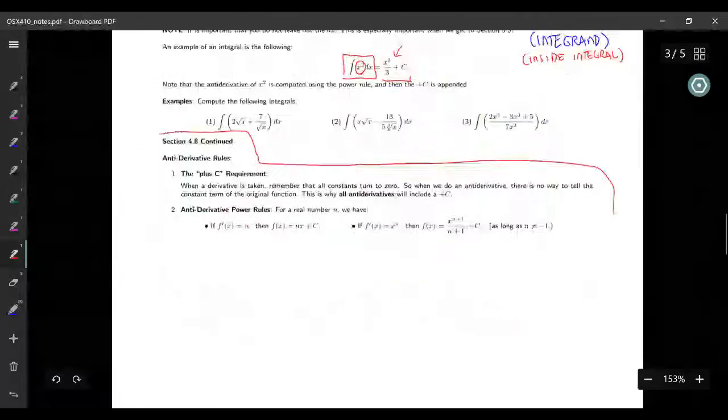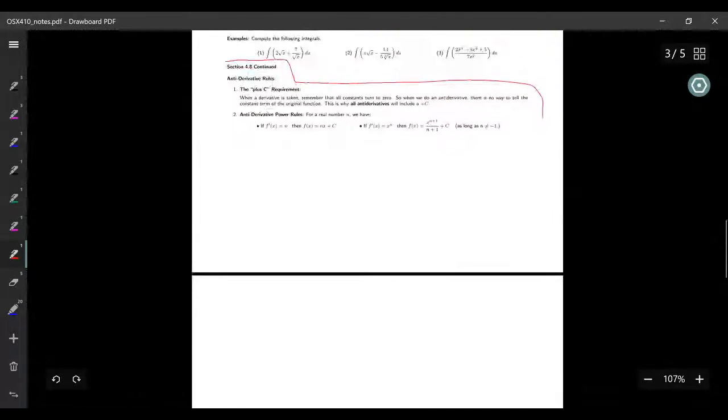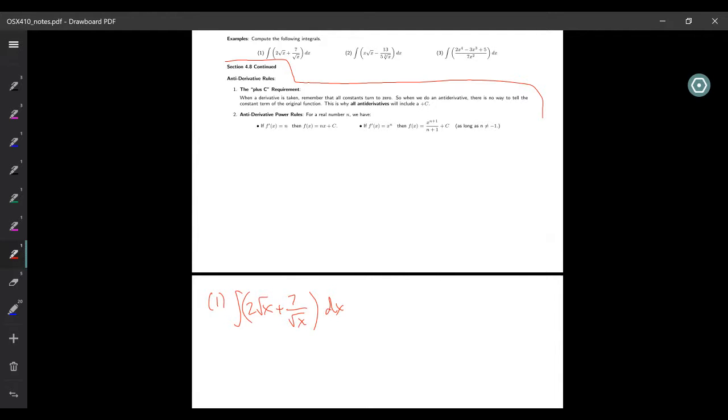The integral of 2 root x plus 7 over root x.